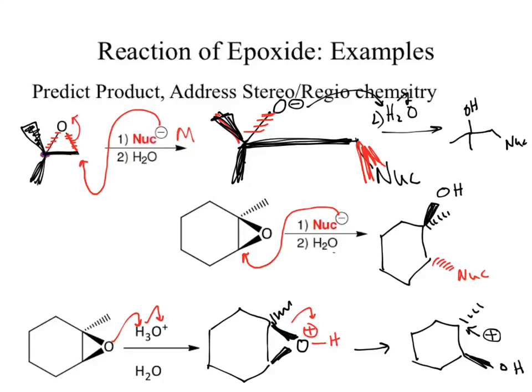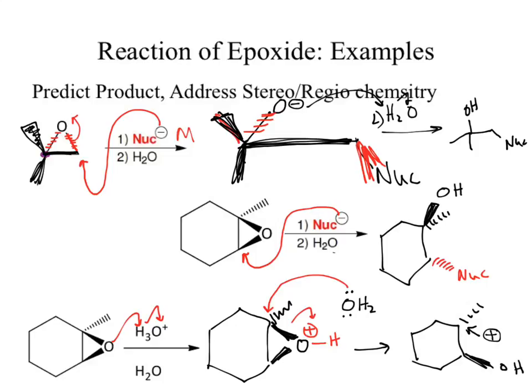Okay, in the case of our acid catalyzed epoxide opening, what's the result? Our nucleophile, in this case, is what? The only other negative in the solution. It's our water. Our nucleophile will come in and attack.